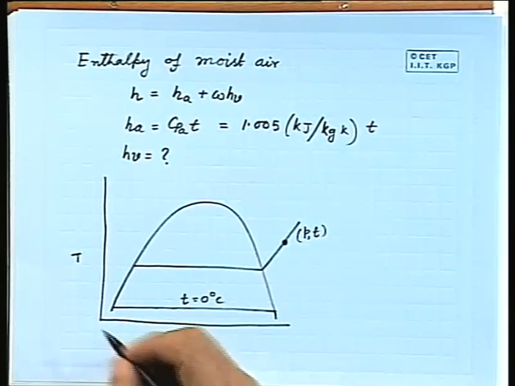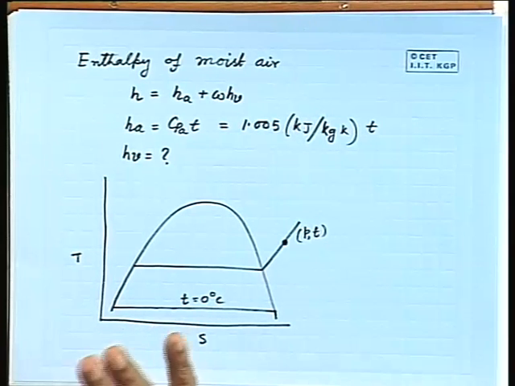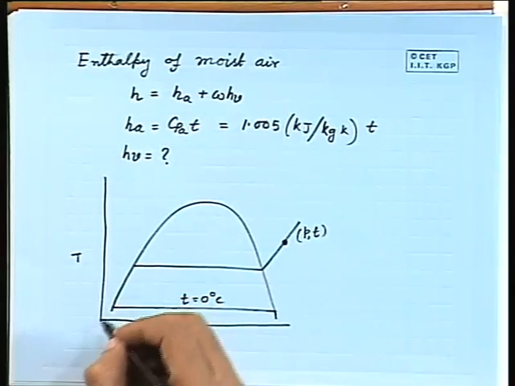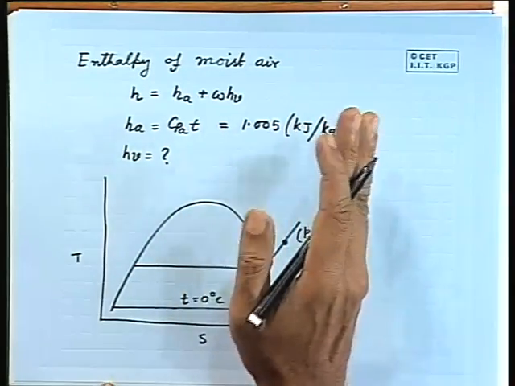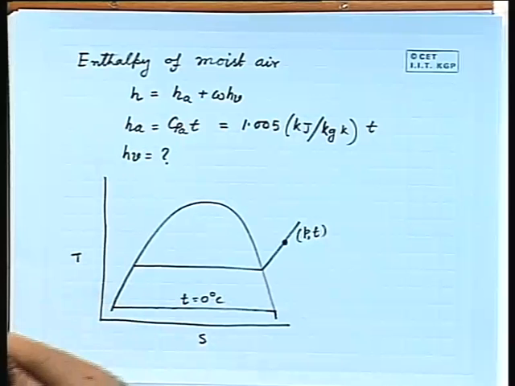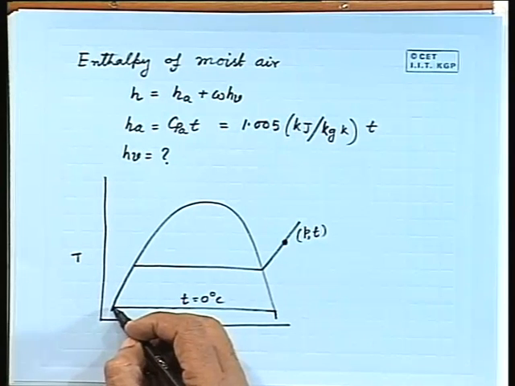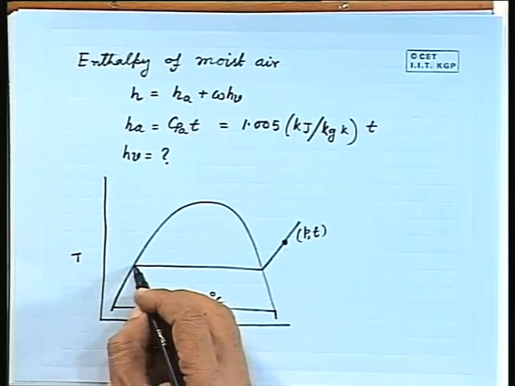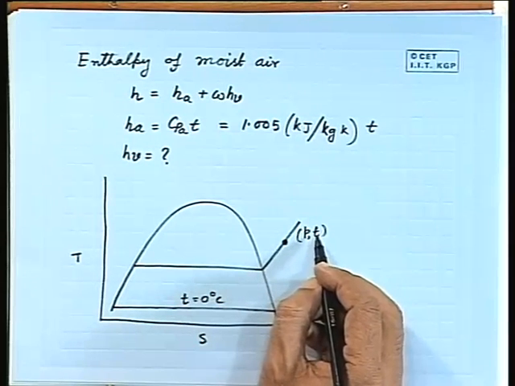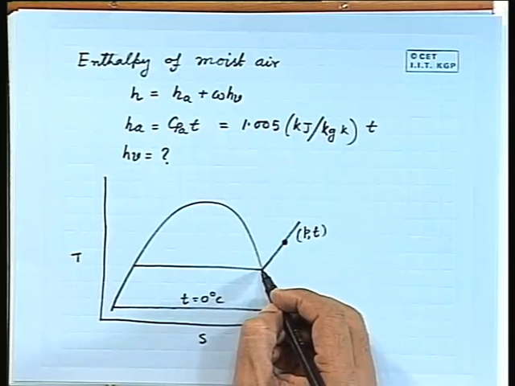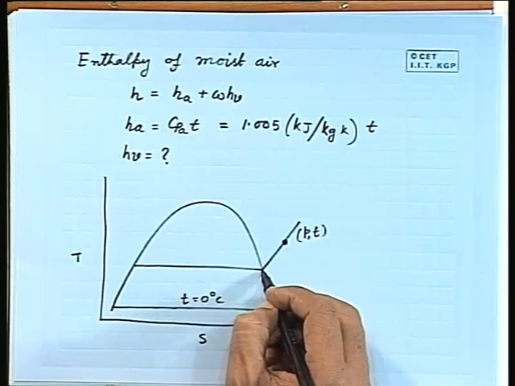Well, now, if we imagine one process of energy transfer, one can think that the moisture in the sample, which was initially at 0 degree Celsius, has its temperature raised to this temperature T, which is nothing but the dew point temperature of the sample.